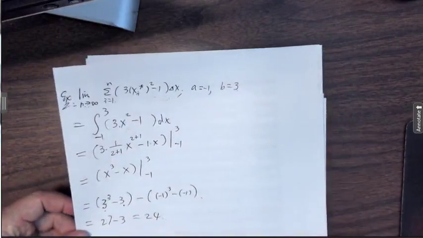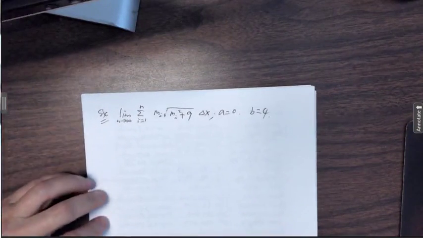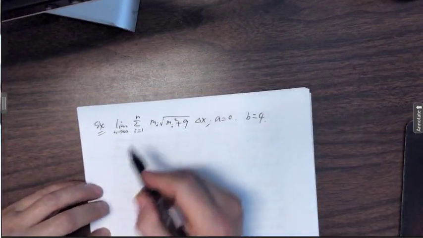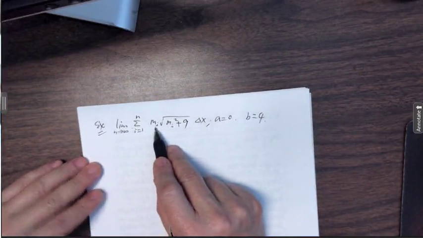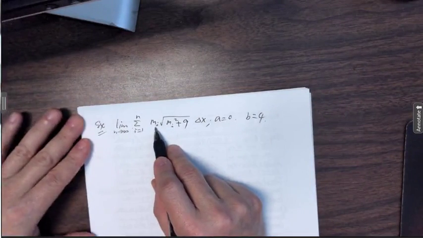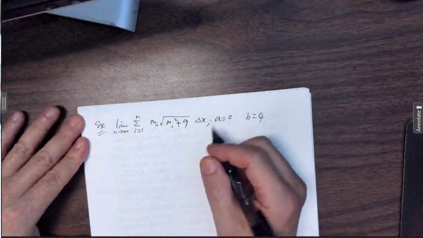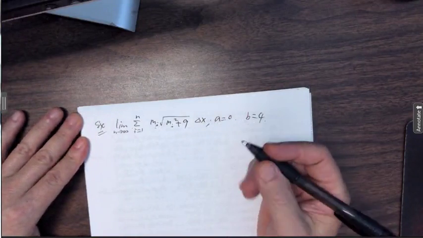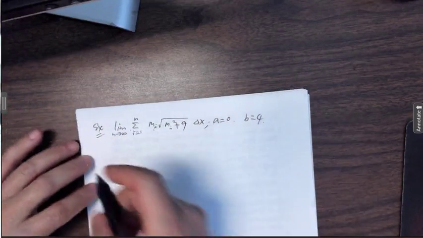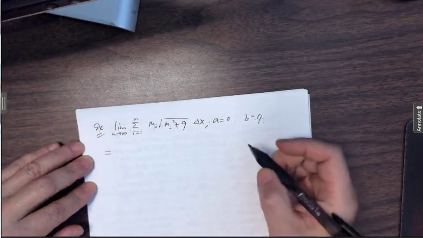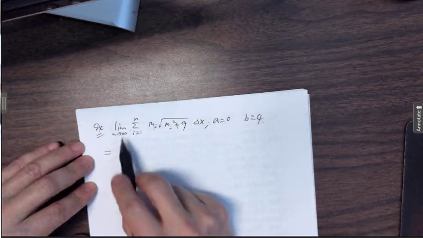Okay, I'm going to show you another example. Again, we start with the limit of a Riemann sum. Notice this time we got m sub i. That just means it's the midpoint we use to set up the Riemann sum. So first, again, we're going to turn this into a definite integral.